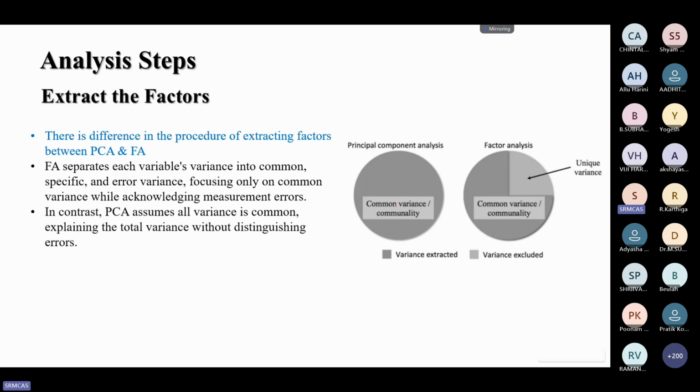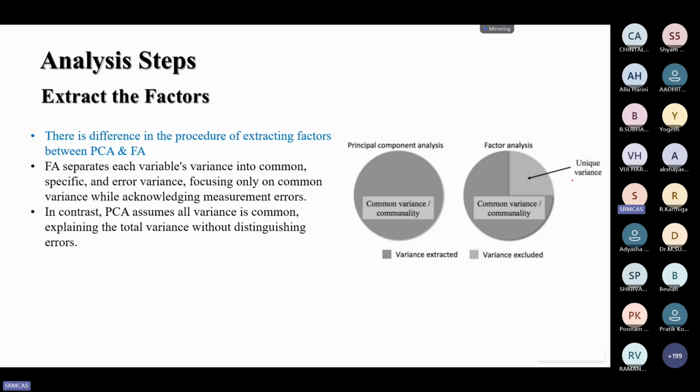But factor analysis considers common variance. It decomposes the variance into common and unique or error variance. Once it is decomposed, factor analysis will take only the common variance and leave the unique variance, not considering it for the analysis.